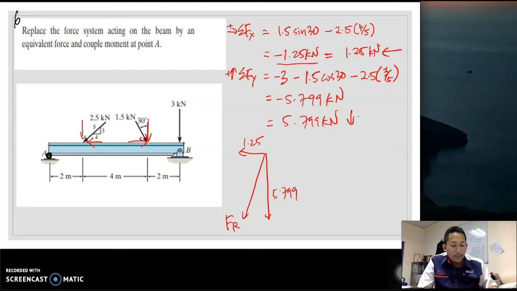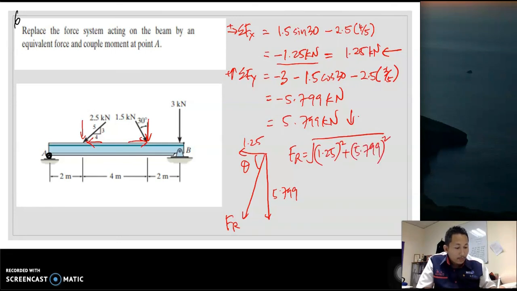Okay, so we have Fr, and then we can calculate our theta. This is our theta. So if the question is from x direction, you need to add 180 degrees plus theta. Okay, so Fr is equal to 1.25 plus 5.799.